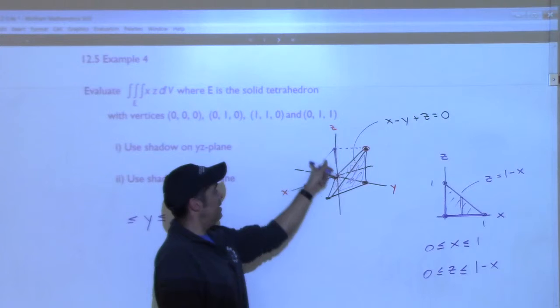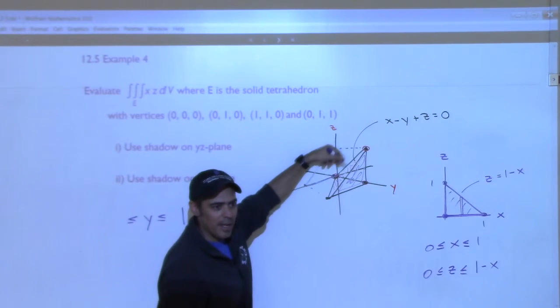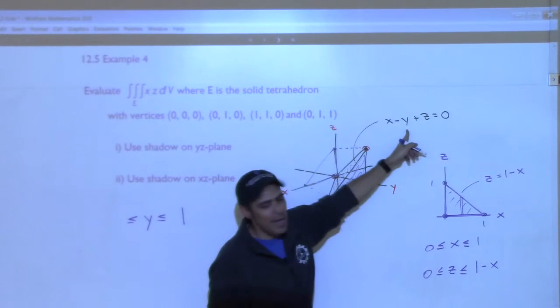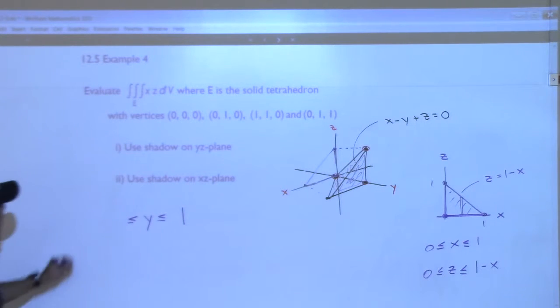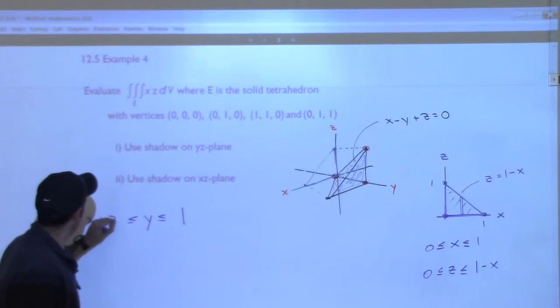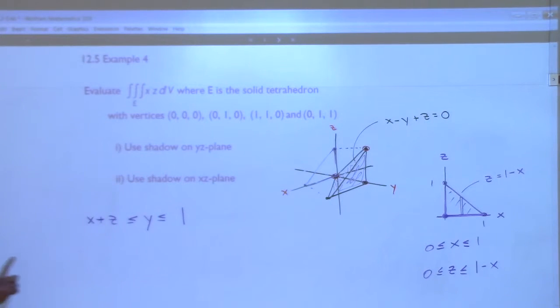The other side is that red triangle again. So it's this plane solved for y. And when you solve that for y, you get x plus z. Do y'all see how that's not 0 to something this time? It's the plane out to that outer edge.